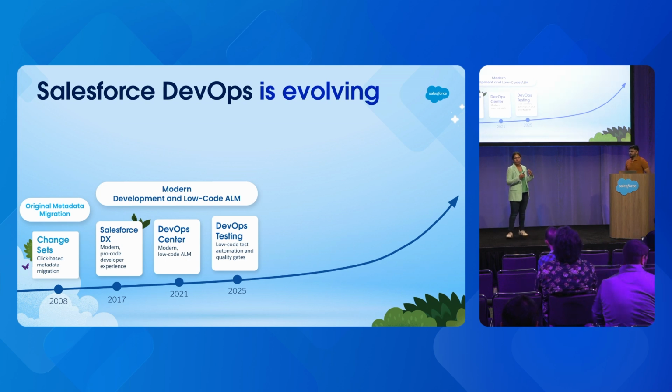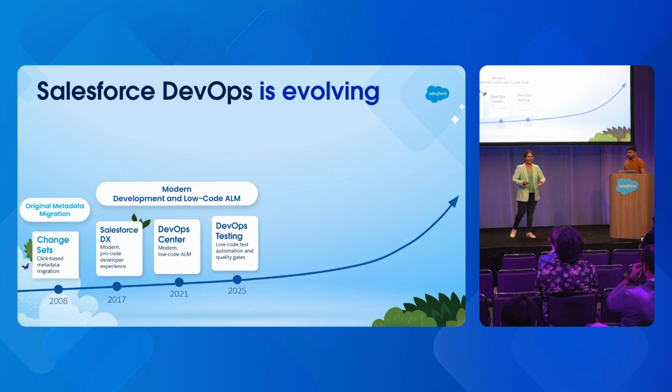So all the way from click-based note-taking management to much more intelligent DevOps Center for admins. Powered with DevOps testing that came in 2025, Salesforce DX sort of became your go-to toolbox for managing your metadata with Salesforce native tools.